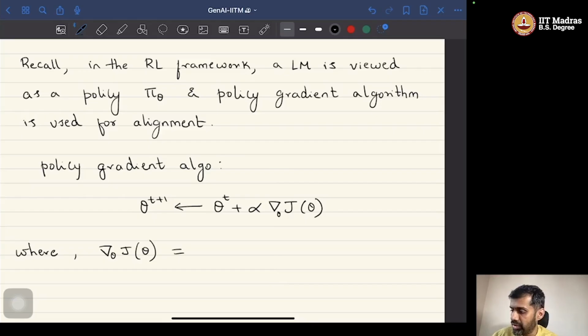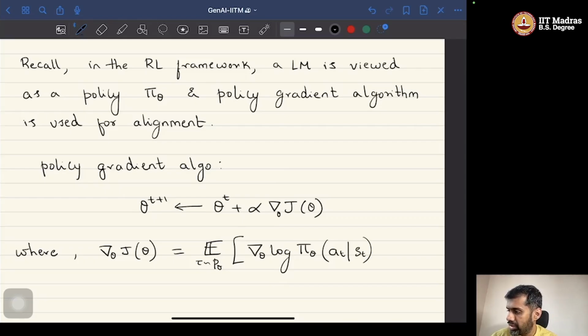We saw that this was equal to the expectation over a trajectory coming from the policy, of the gradient of log of the policy. The policy is always a distribution over actions conditioned on states.